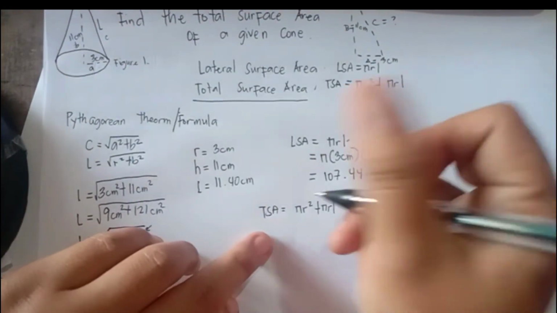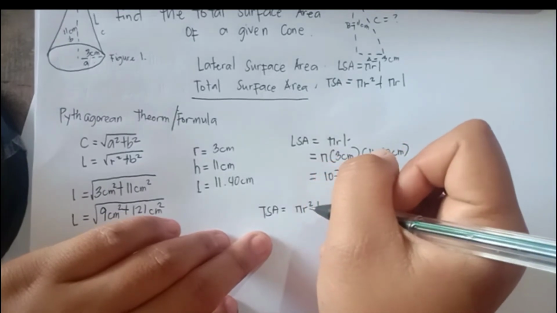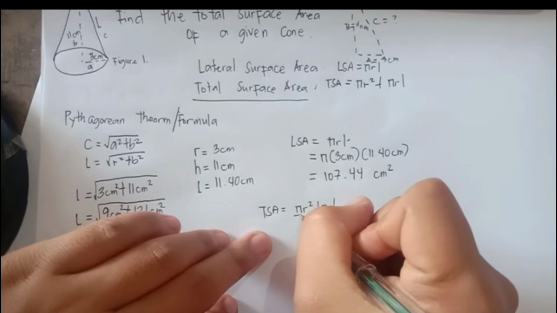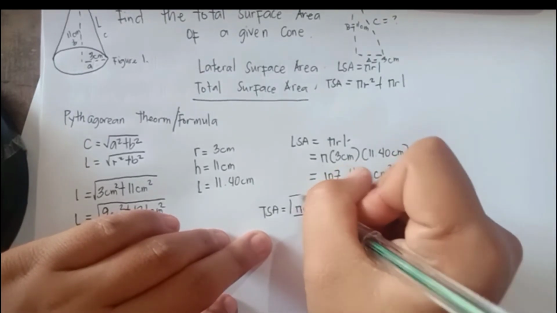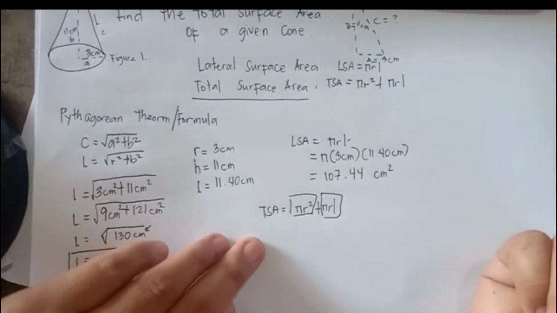So, since I have discussed earlier na pi r squared is the area of a circle, then pi RL is the lateral surface area.